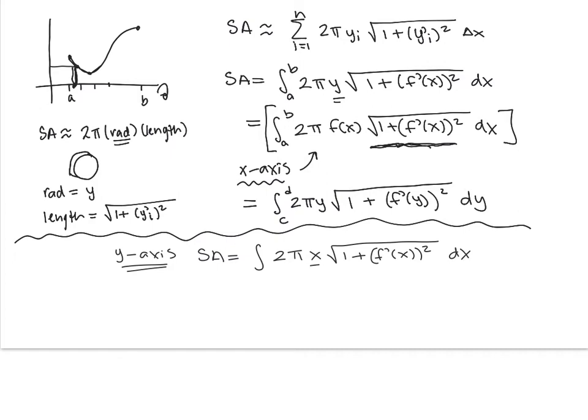If you choose to use x's in your equation, this should be a and b, but you could also have an integral from c to d of 2 pi x, where x equals some function of y, square root 1 plus f prime of y squared dy.